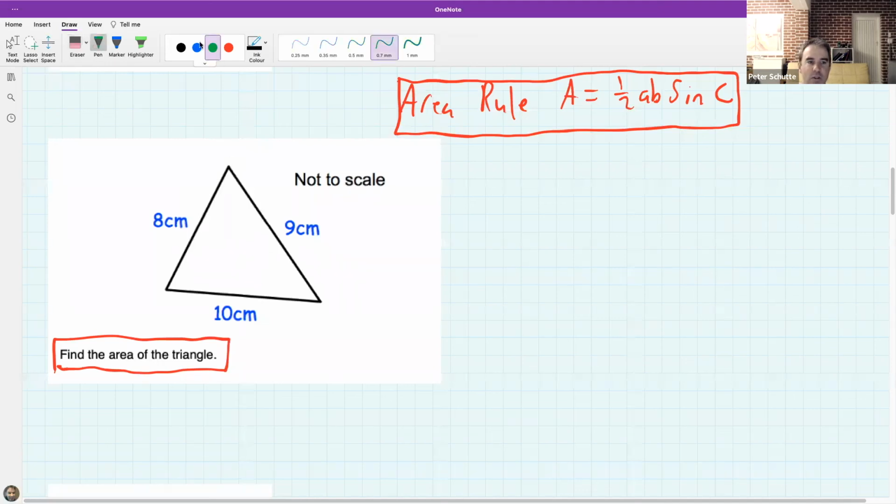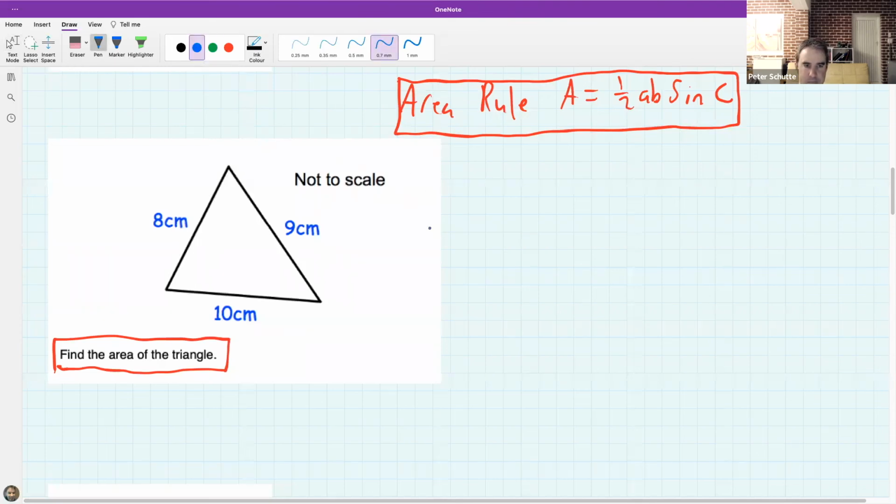And so you need to find an angle in this triangle before you can apply the area rule. I see someone's hand is up. Whose hand is up? Lutando. You want to unmute, Lutando? Lutando, how would you do this?